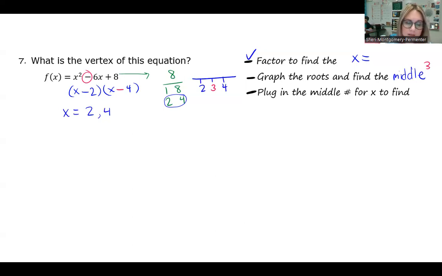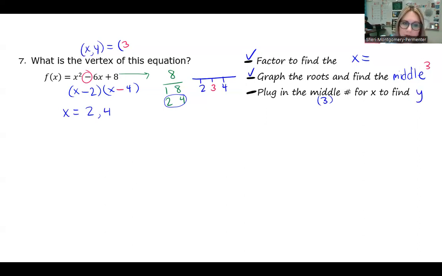That tells me, because our vertex, remember a vertex is an x comma y. So I just figured out my middle number. It's the x and it's 3. So I'm going to take that 3, the last step, plug in the middle number, it's 3, to find y.